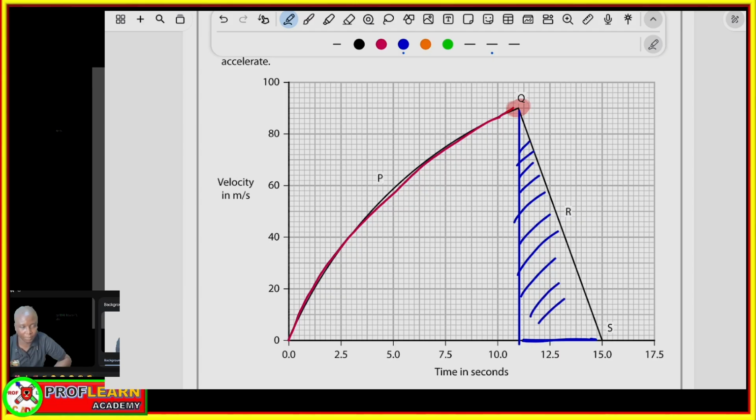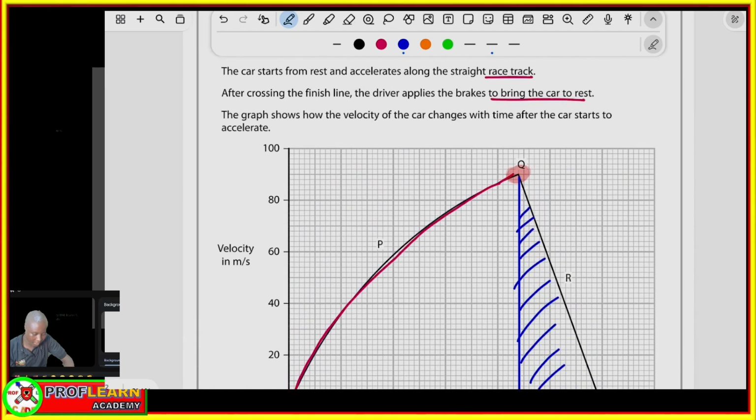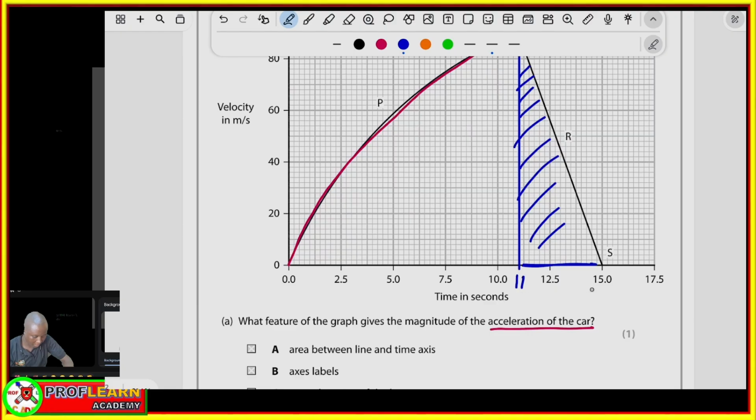If you can see, the height is actually 90, but the base will be from 11 to 15, so we subtract, and that's going to be 4.